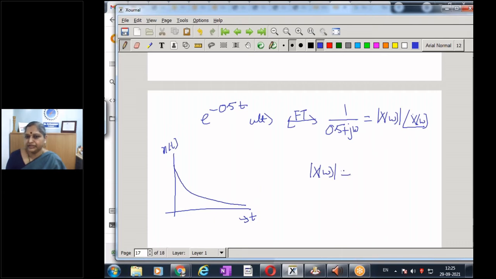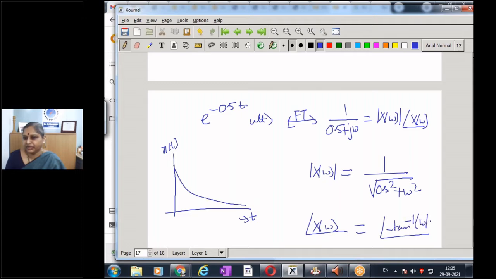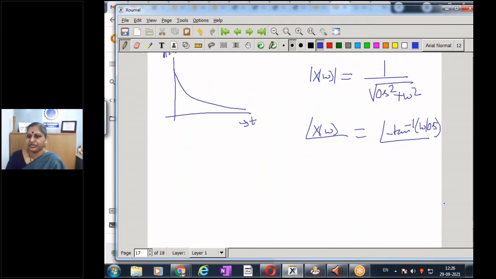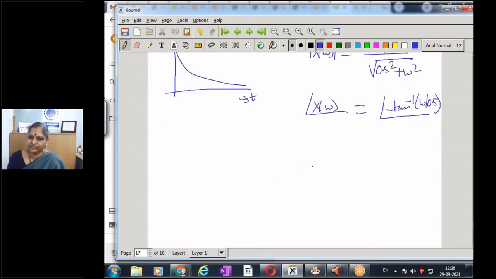We all know that this is going to be 1 by square root of 0.5 square plus omega square, and angle x of omega is minus tan inverse omega by 0.5. This is something we have seen earlier in other examples, not as a Fourier transform, but as a system transfer function.